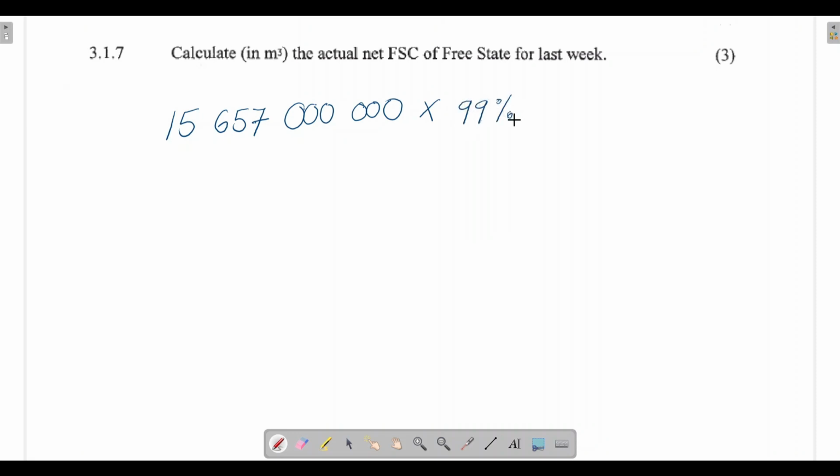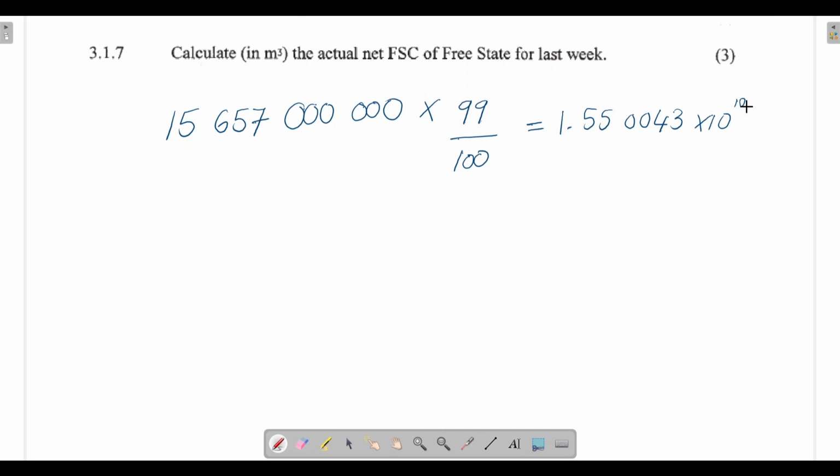You want to convert that 99% into an actual value. In other words, that 99% is 99 over 100. Then you punch that into your calculator, and you're going to get a value like 1.550043 times 10 to the power of 10.